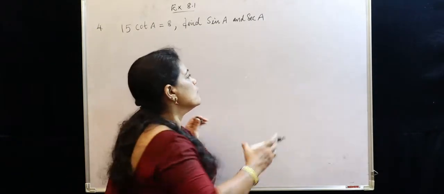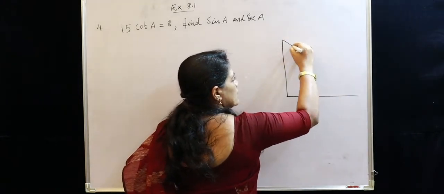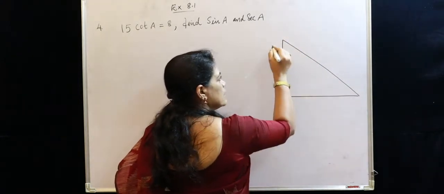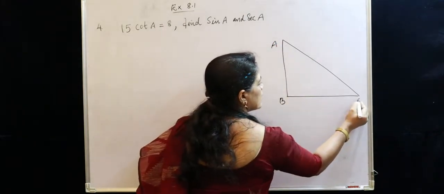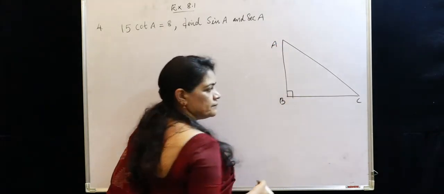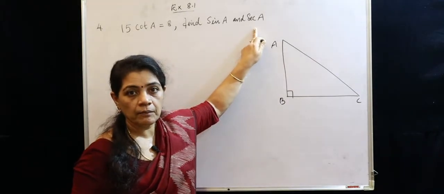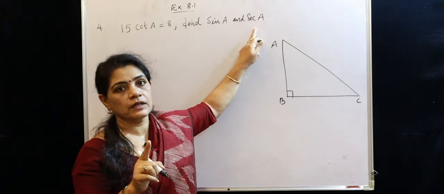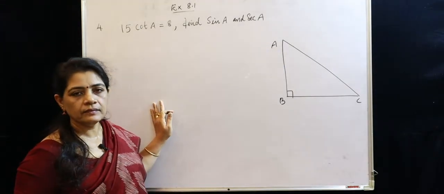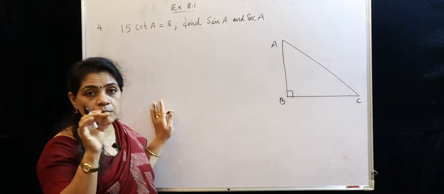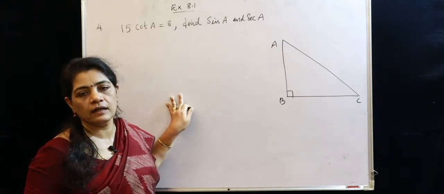Right triangle ABC, right angled at B, and A must be the reference angle, because sin A, sec A and the given cot A all carry A as the reference angle.